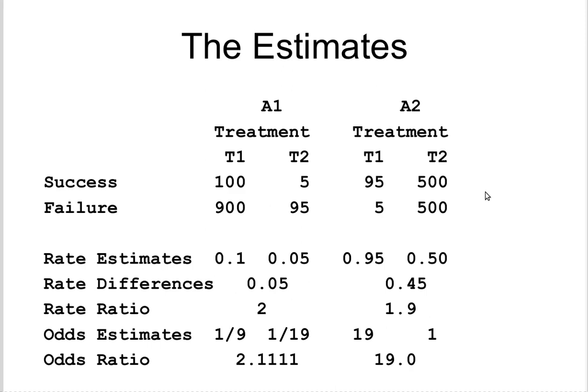We can see, for example, for those receiving pretreatment 2 and in surgery group A1 that the success rate estimate is 5 over 100, or 0.05, and so on.